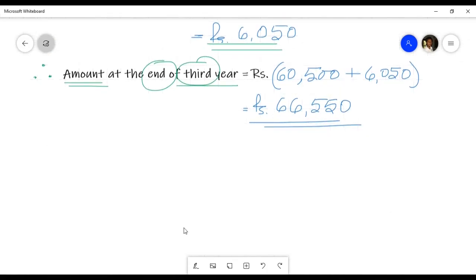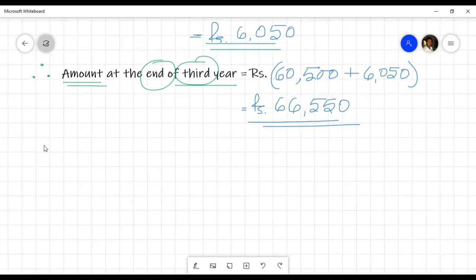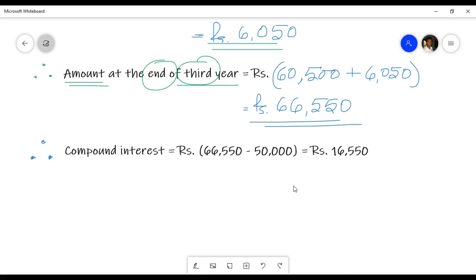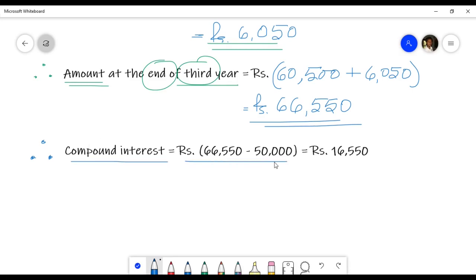So we have already calculated the interest and amounts for 3 years. So we have the accumulated interest of the previous years, and therefore compound interest is equal to amount minus the initial principal.